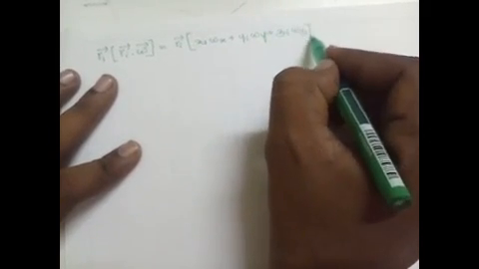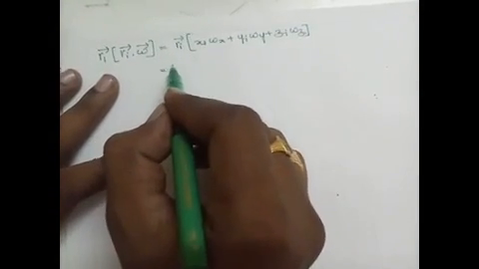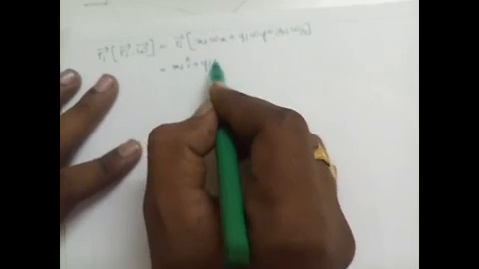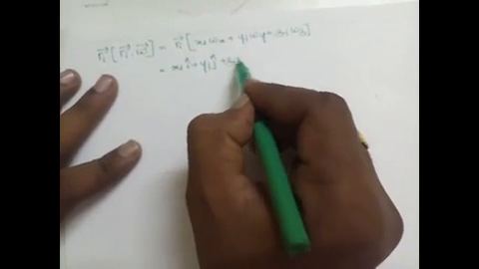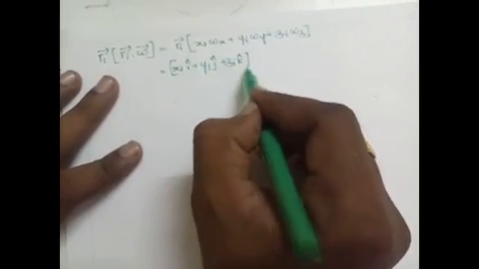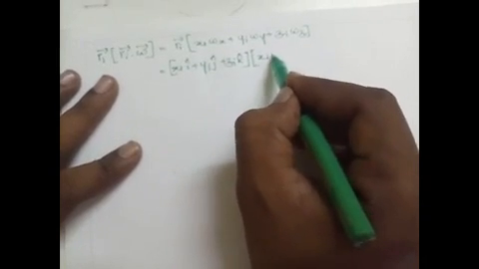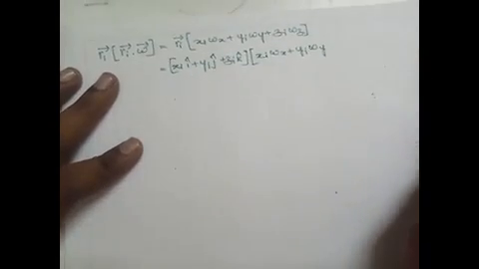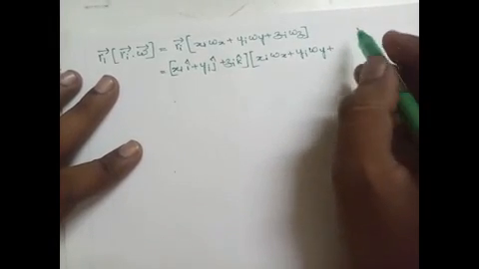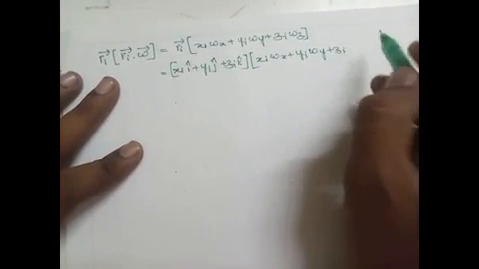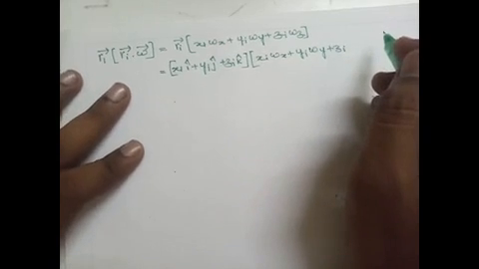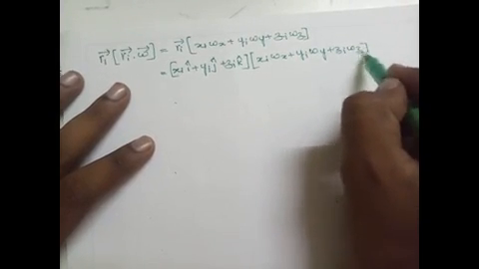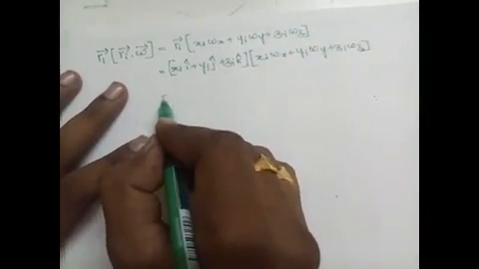We get this one, and again substitute the ri value here: xi i cap plus yi j cap plus zi k cap, into xi omega x plus yi omega y plus zi omega z. Multiply this one.